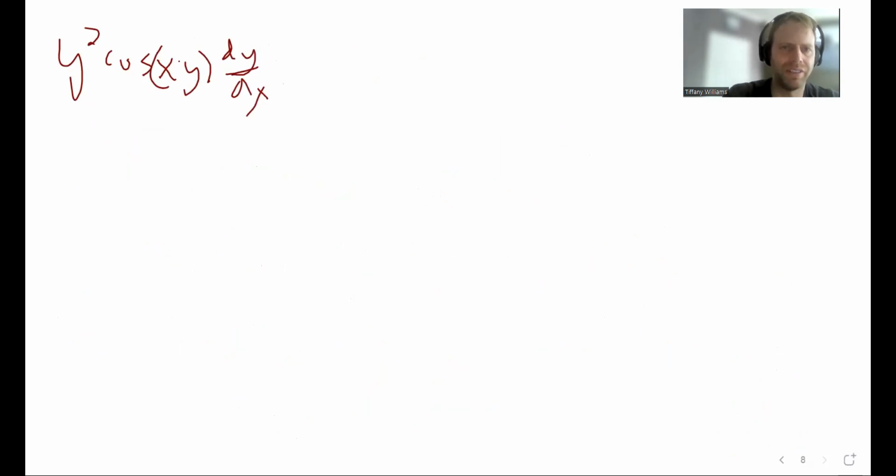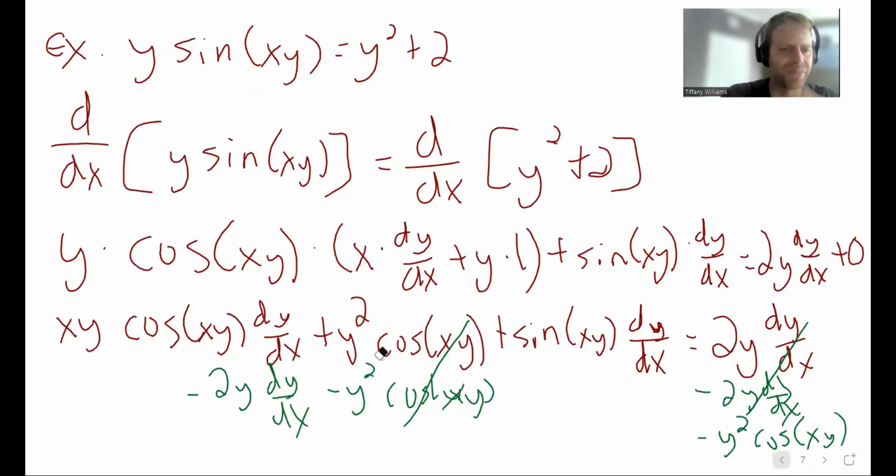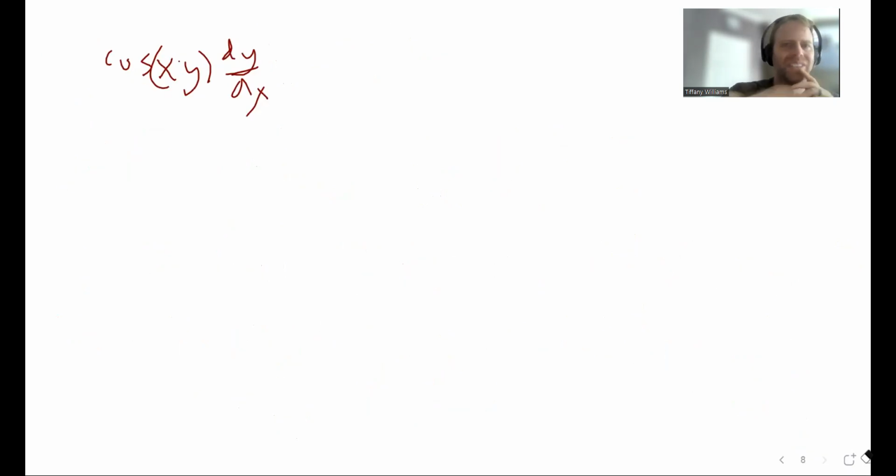Erase all that. Ignore what I just said. I got my terms mixed up here. xy cosine xy dy dx. It's really easy to do. That's why I had to keep looking at my notes, make sure I got everything straight here. So that's xy cosine xy, sorry.